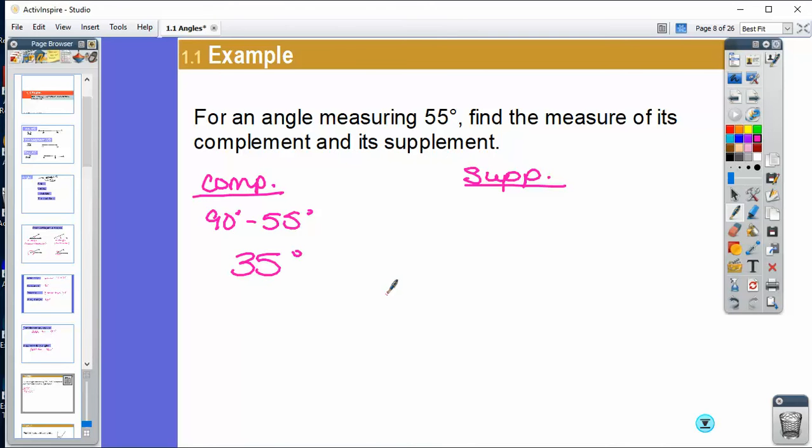It's going to be a while, but eventually we're going to get to another measurement that doesn't have a unit. And so at that point in the class, if you write 35, it would be radians and not degrees. So I just want you to get in the habit now of putting a degree symbol anytime we're talking about a degree. Supplements add up to 180. So just 180 minus 55, and that gives you 125 degrees. So, okay with that?